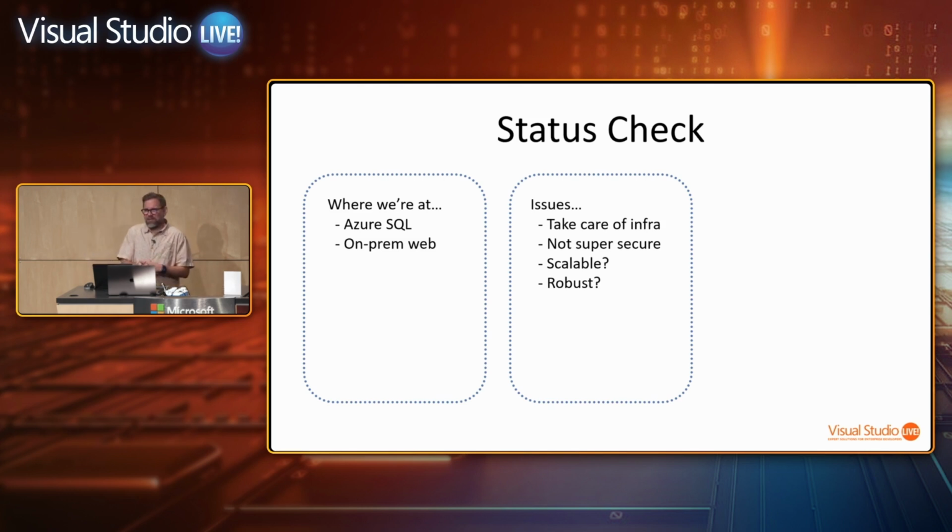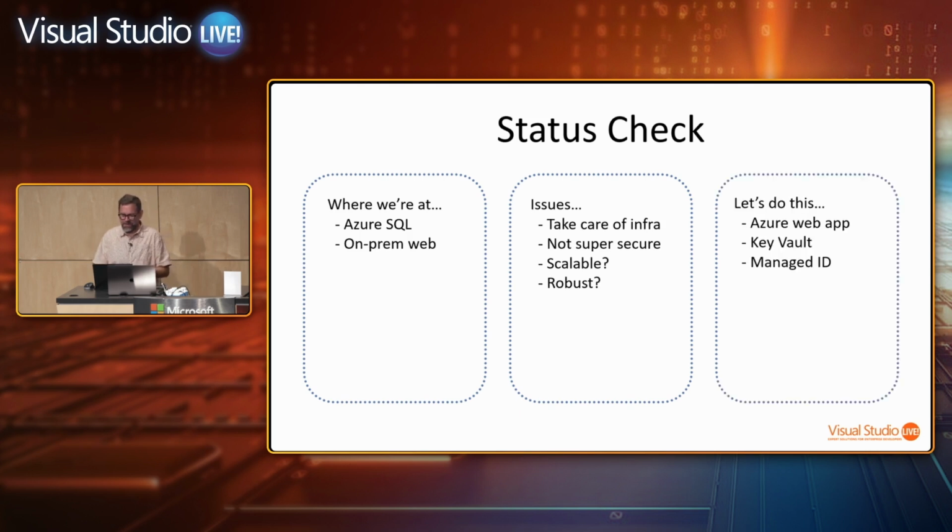And are we scalable? Well, not really, because we're going to deploy to on-prem. We're not really robust, at least if we just have one. If we just have this old web server sitting underneath our desk, not really. So let's deploy it to an Azure Web App Service. Let's do Key Vault, and let's do Managed ID. Let's secure this thing up and make it a little more robust.